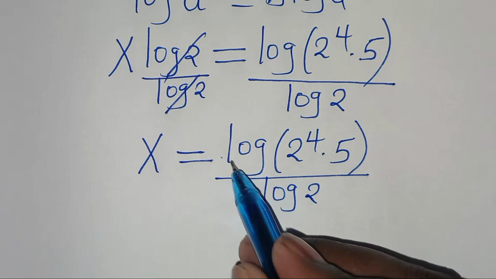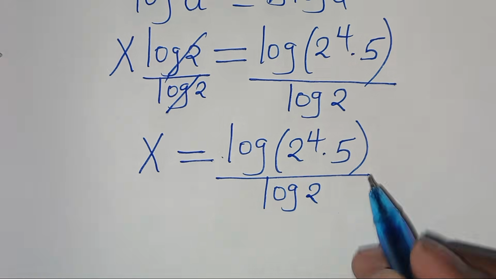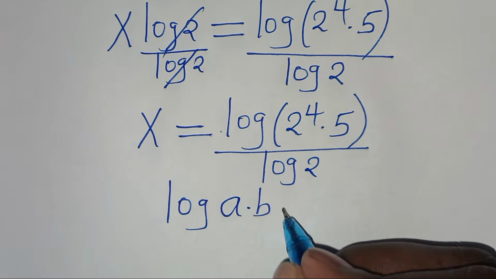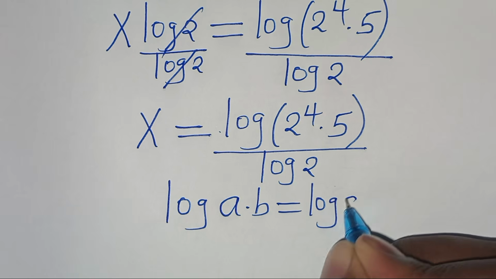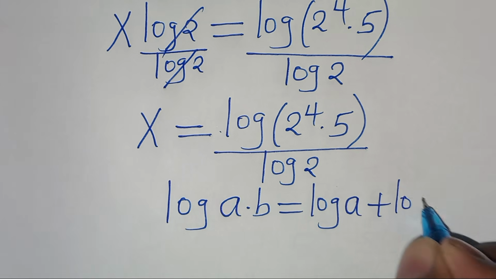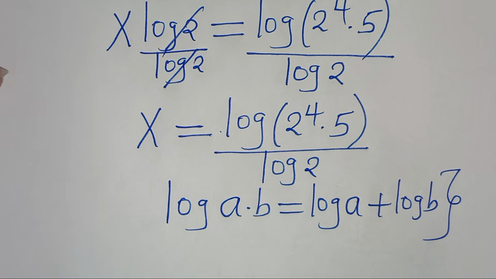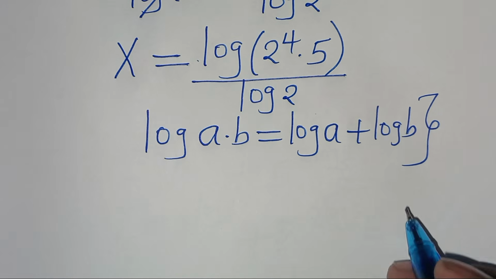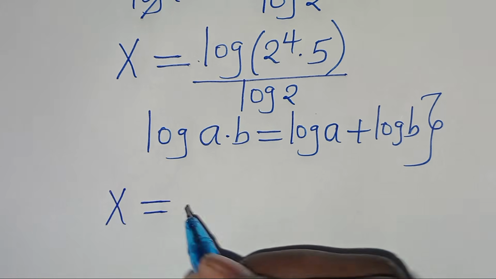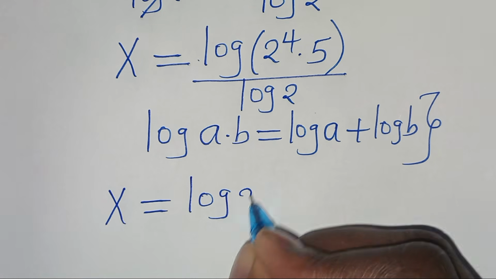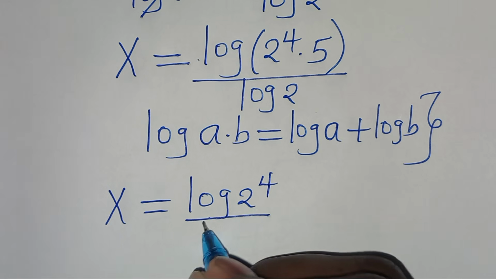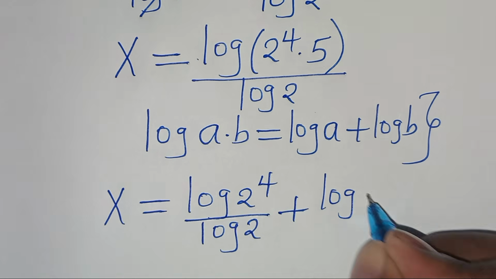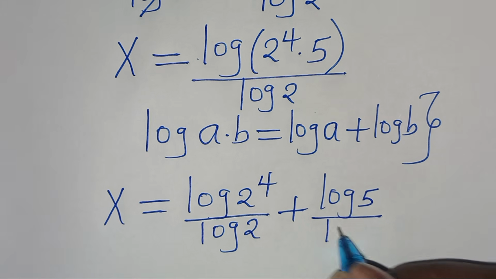The next step is that log of 2 to the power of 4 times 5 is in the form of log a times b, which we can express as log a plus log b. Applying this logarithm property, x is equal to log 2 to the power of 4 divided by log 2, then plus log 5 divided by log 2.